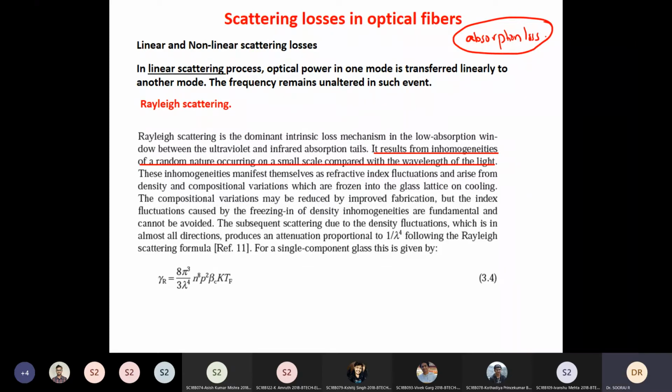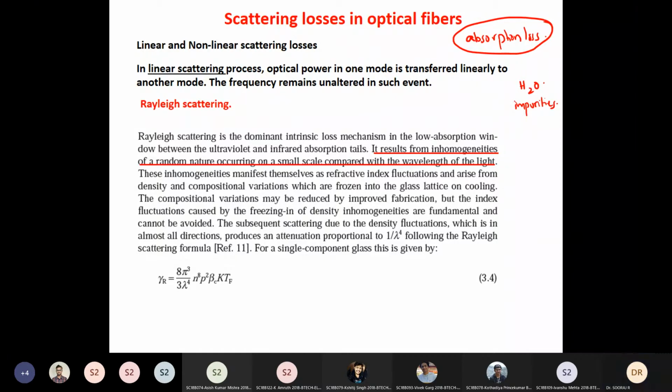When such a loss happens, you call that loss absorption loss. So for example, the presence of water vapor and the presence of impurities are responsible for absorption loss. If the photon is absorbed, then finally at the receiver side you are going to have a smaller number of photons.